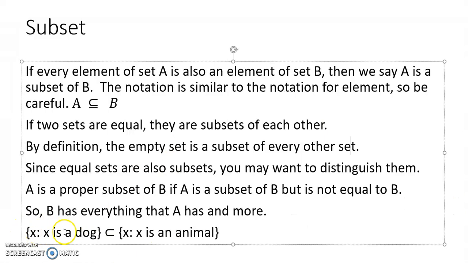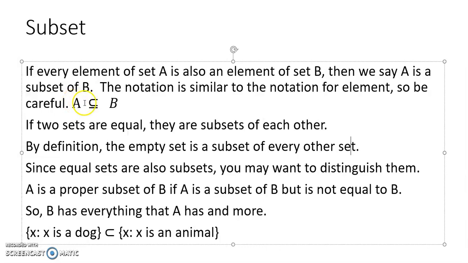So here we have a set of all the dogs in the world, and the set of all the animals in the world. And because dogs are animals, yes, the set on the left is a subset of the set on the right. Now notice with the symbol up here, when we're just saying subset, we do have the additional line underneath that's kind of like half of an equal sign.